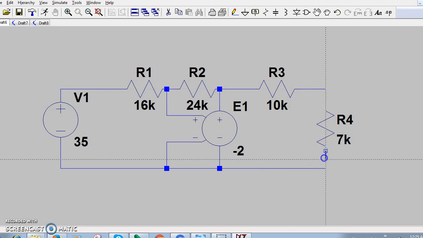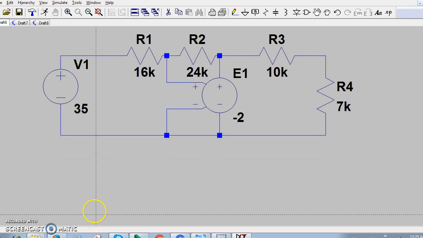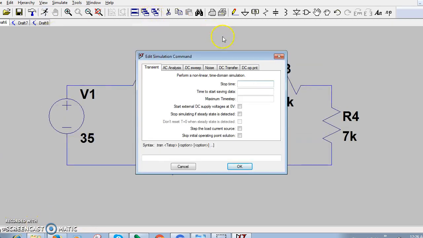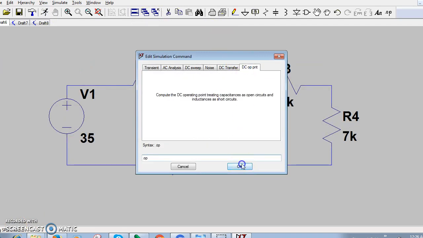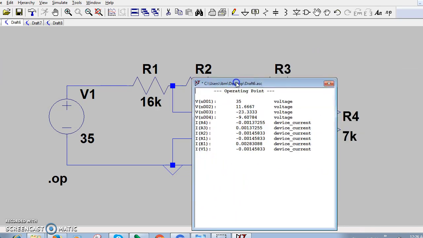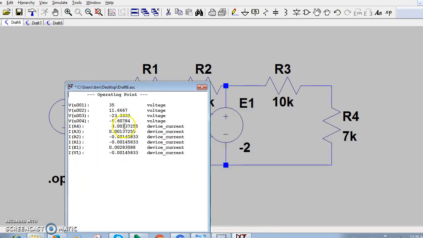Here it goes. And now let's run the simulation in DC operating point. And yes, it's again 9.6, and the current through R4 is 1.3 milliamperes.